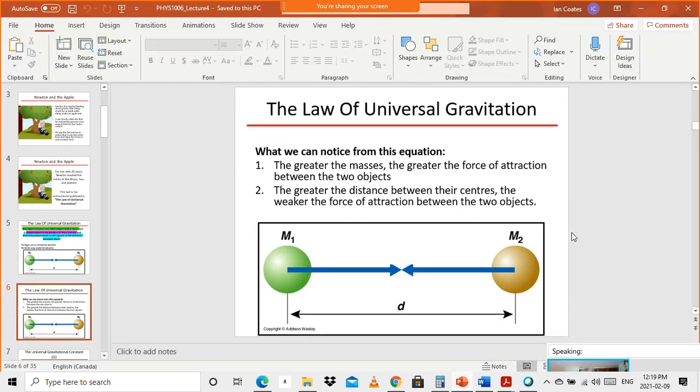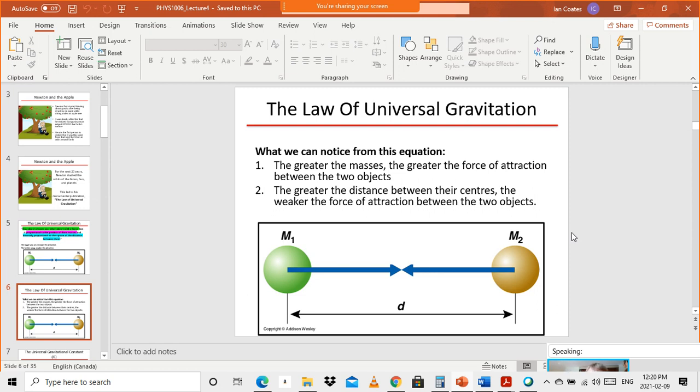Basically, what we're talking about here is the greater the mass, the greater the force of attraction. So gravity is dependent upon mass, the amount of atoms in something. Think about this can of Coke. If what I'm saying is true, then this thing has an attractive force on all things, but its mass is very small.